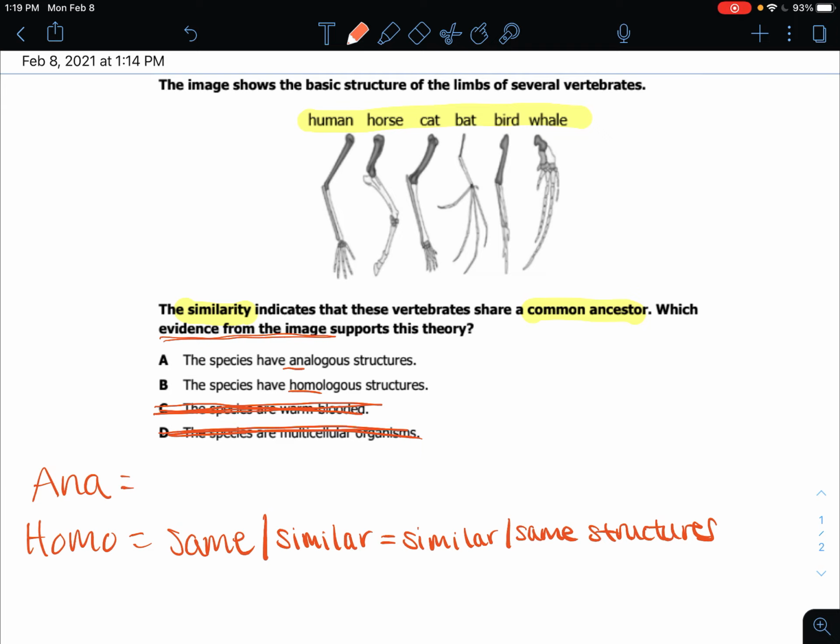Homo means same. So analogous structures are going to be the exact opposite, right? So that prefix ana we know means different. Different. So that means we are talking about different structures. Great.